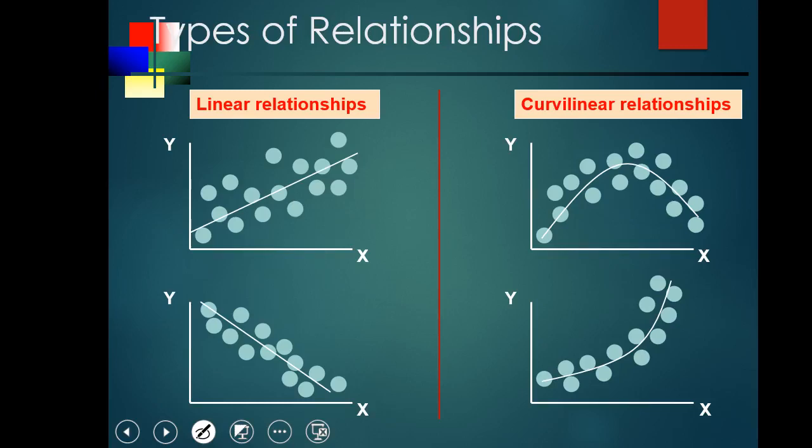Before going into the detail of regression analysis, let's discuss the different types of relationship that are possible in simple linear regression, when you have one dependent variable and one independent variable. If we see the first graph, as the value of x increases, the value of y also increases. So this is a kind of linear regression.